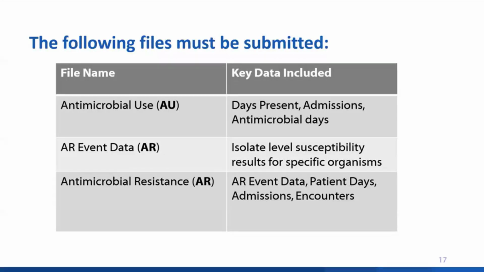The AR event data includes the isolate level susceptibility results for specific organisms and an antimicrobial resistant file, which includes AR data, patient days, admissions, and encounters. Next slide, please.